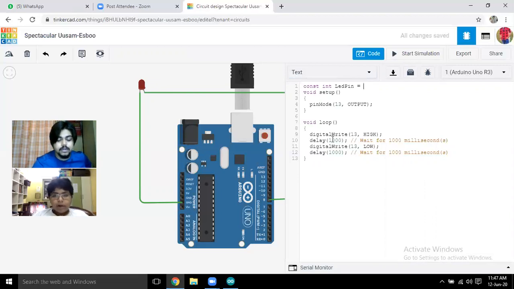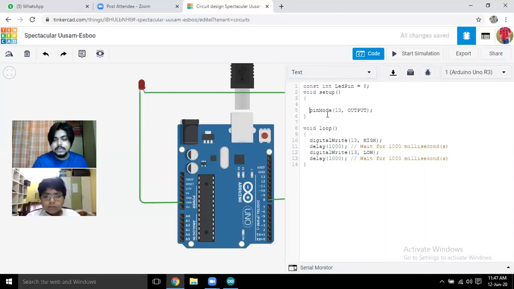We are connecting to 8, so I am writing 8 over here. Here we need to mention two things. First thing is we need to write serial dot print, and within serial dot print. What does this mean? Yes, I'll be telling everything.